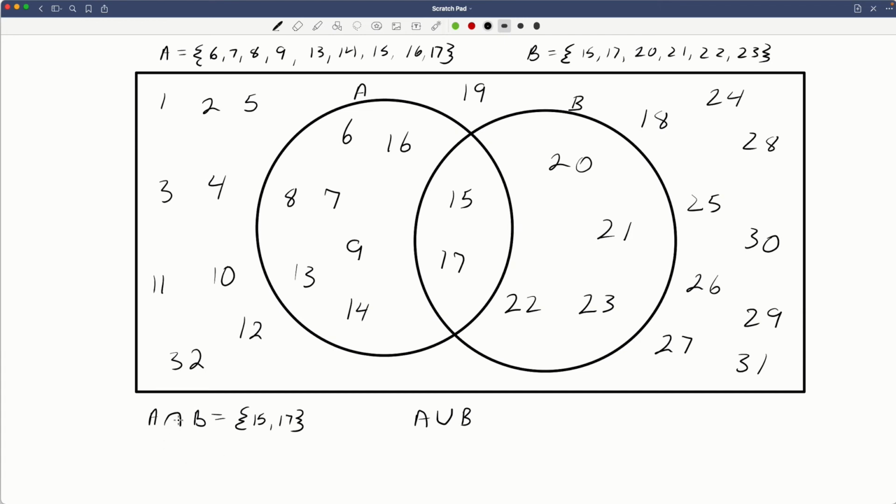And this is just a bowl turned upside down to hold the two together. That's going to equal all of the numbers in the set, and so that is going to be 6, 7, 8, 9, 13, 14, 15, 16, 17, 20, 21, 22, and 23.